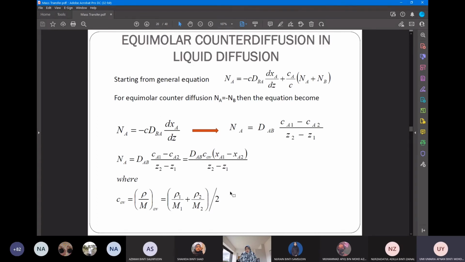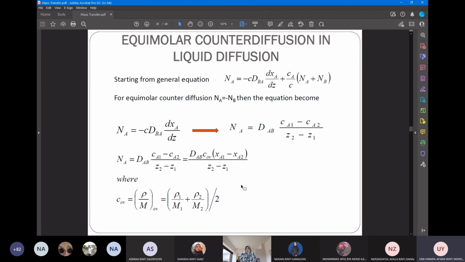This equation is for the packed tower. If you are dealing with a packed tower, you have to use this equation, where the molar flux equation is represented by CAV. So you can play around with this formula, and this will become this one.